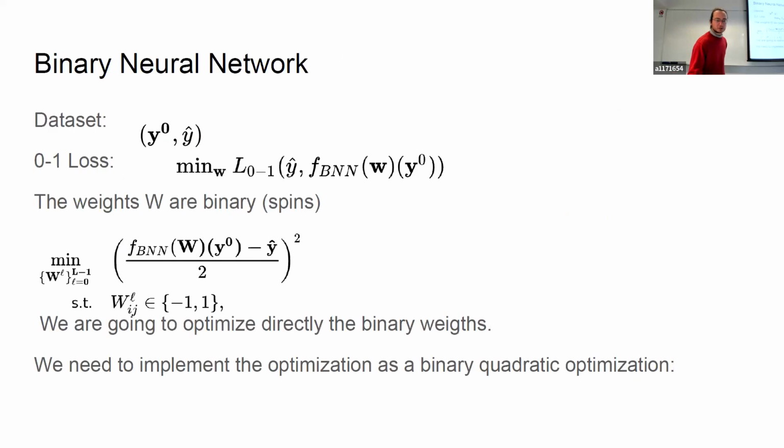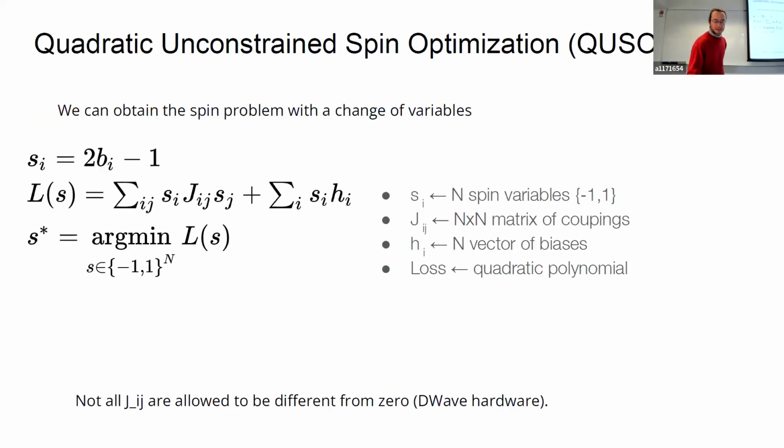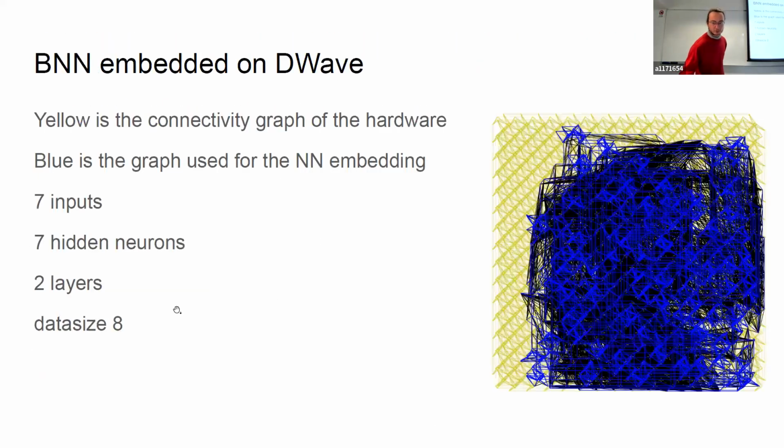When you embed it into the quantum, the optimal solution, you get it in one go. Yes, because you embed the entire architecture into the quantum computer. Then you run your annealing, and assuming that the energy gap is large enough, then you get the optimal weights in one go.